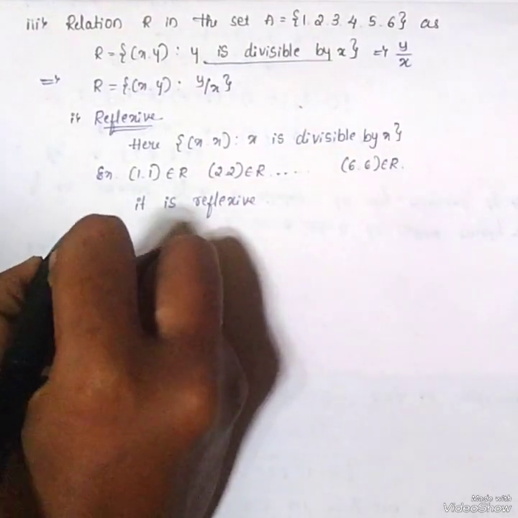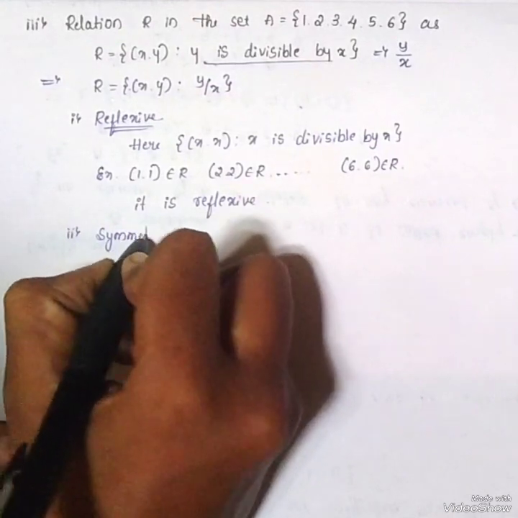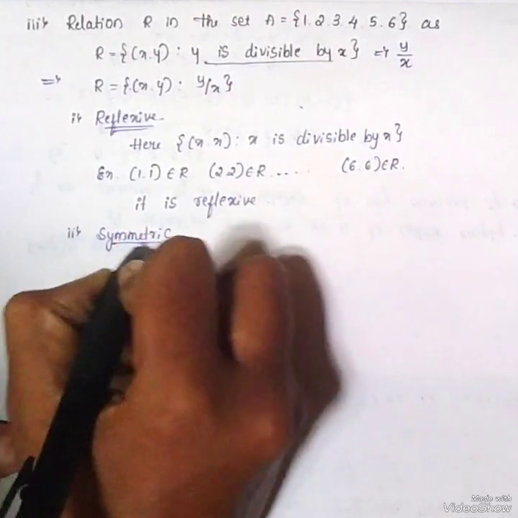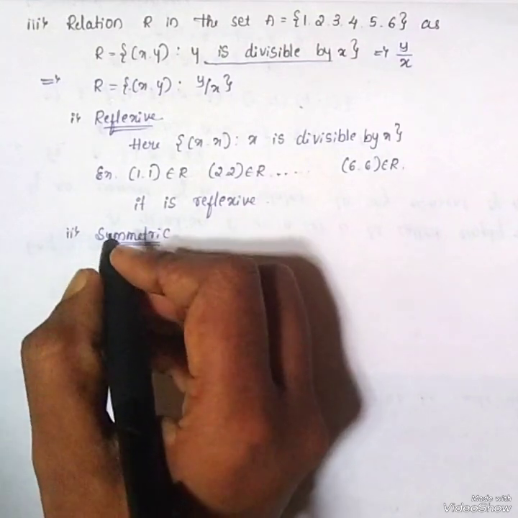Again we check for the condition symmetric. In symmetric we have two elements.